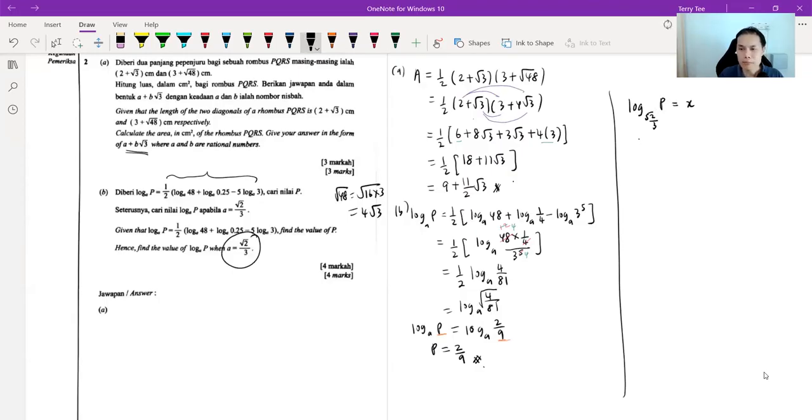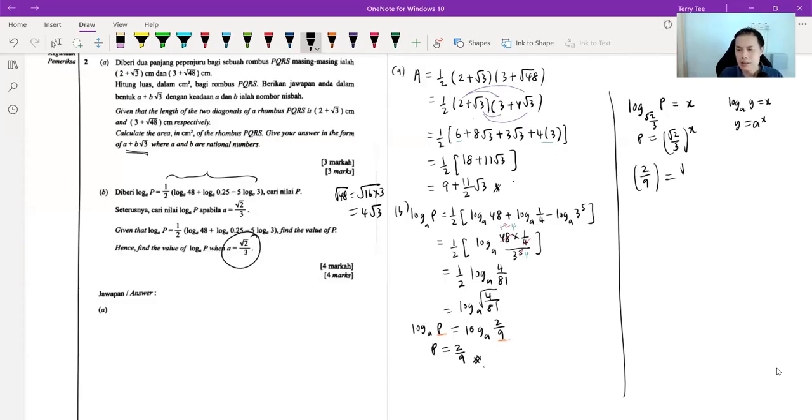Find the value of log base A of P. All right, so P is root 2 over 3 to the power of X. Now remember, this is in logarithm form. When I write log A Y equals X, when you change from logarithm form to index form, we say Y is A power X. So in this case, your P is root 2 over 3 to the power X. And your P is now 2 over 9.